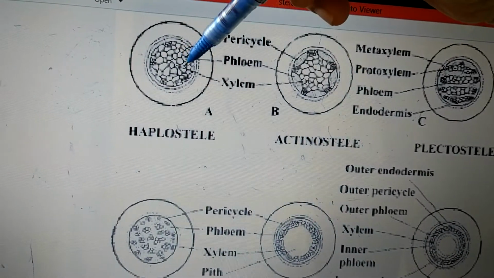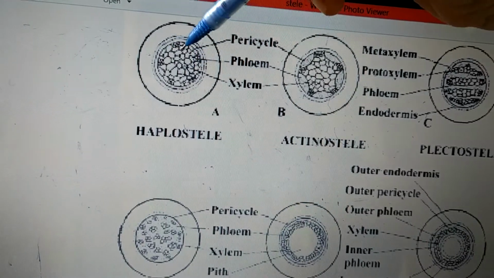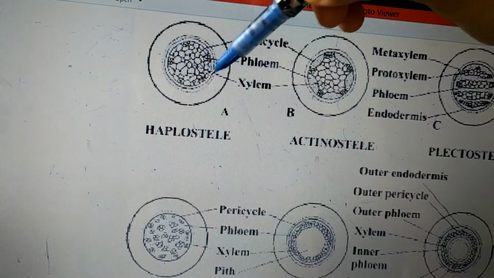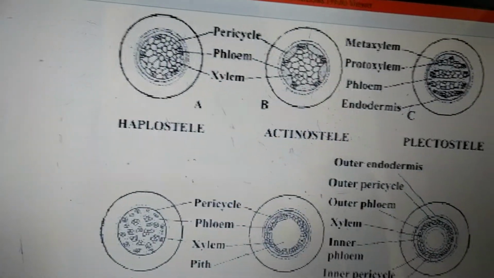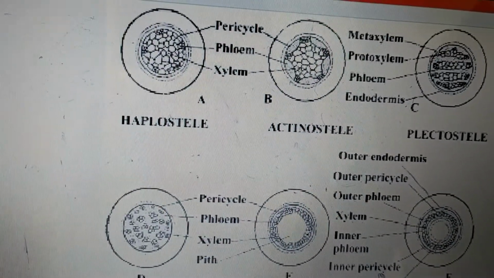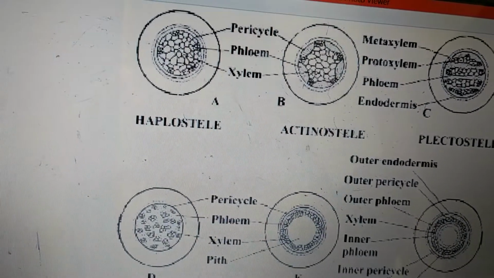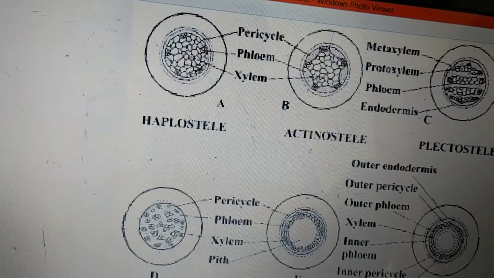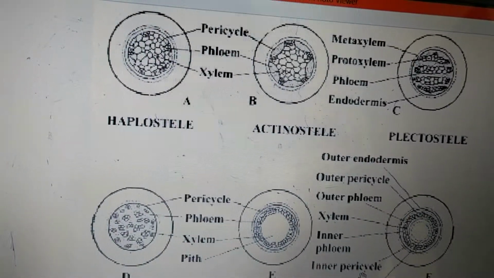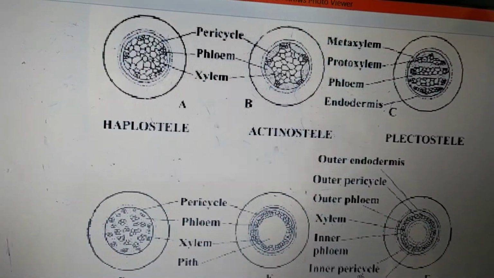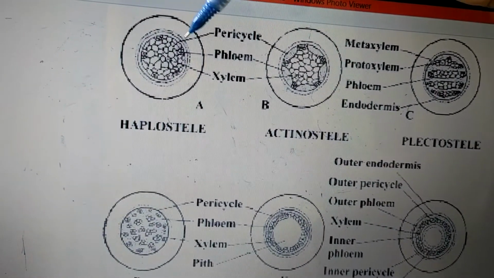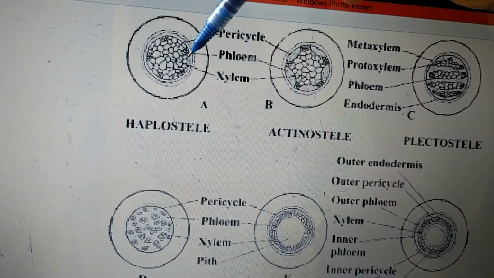Outwardly of the phloem we have pericycle. There is no pith. So this kind of stele is called haplostele. This haplostele is found in Lycopodium cernuum and Selaginella kraussiana. You must be specific while mentioning the examples: Lycopodium cernuum and Selaginella kraussiana. In these we can see haplostele.